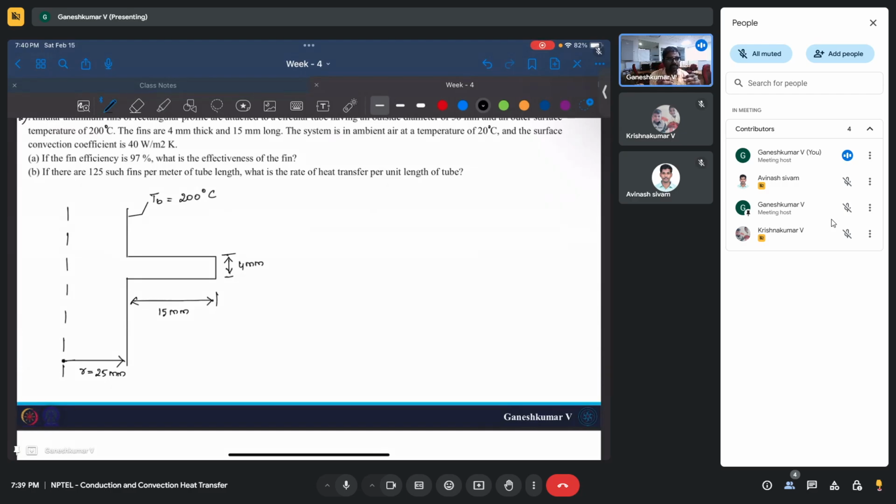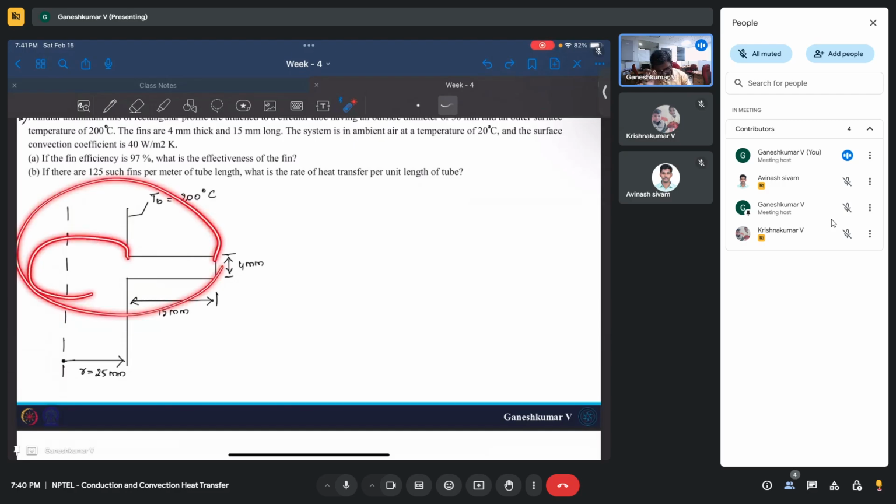Using the terminologies you can find out what the profile of this fin is. For example, if you revolve this entire thing around this dash line, this will be a circular tube.